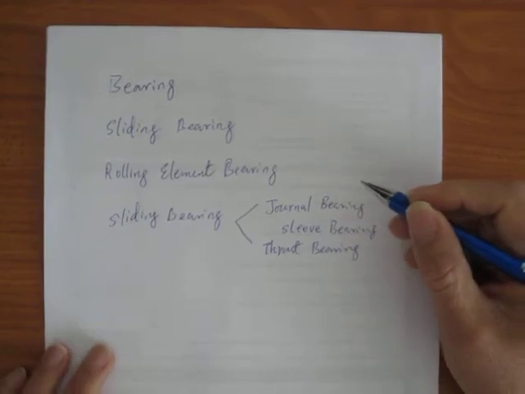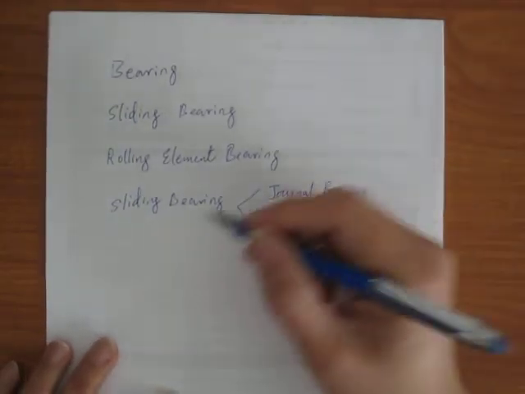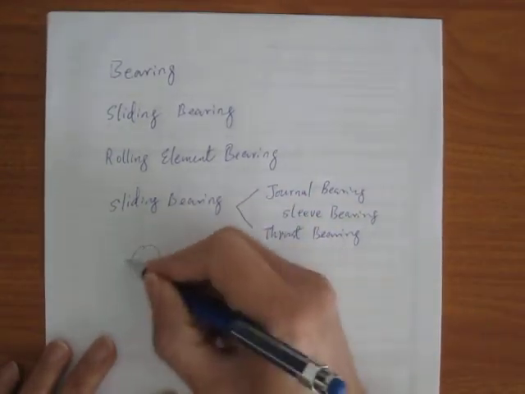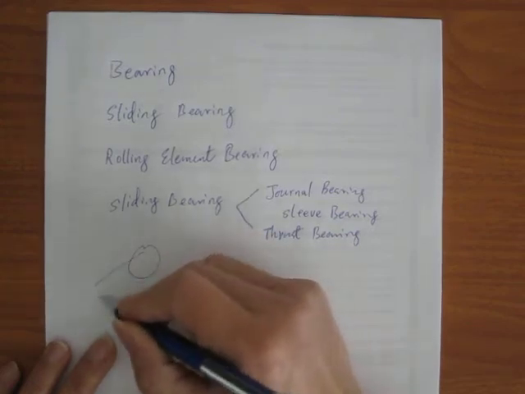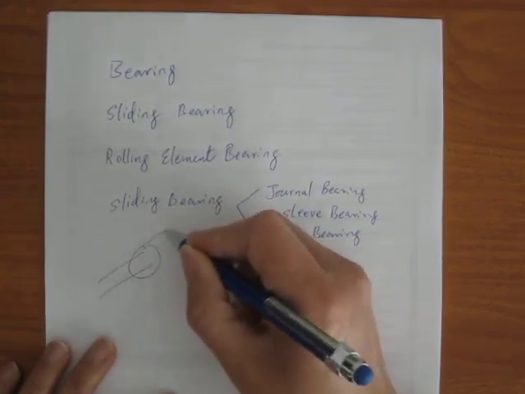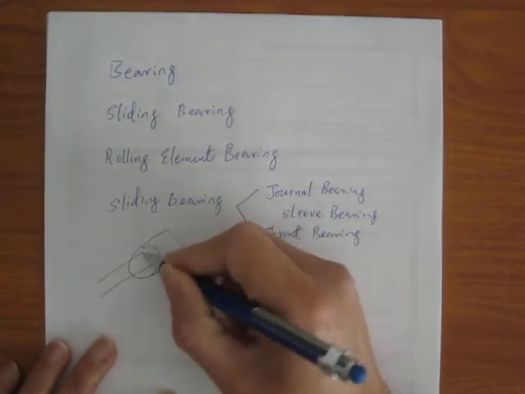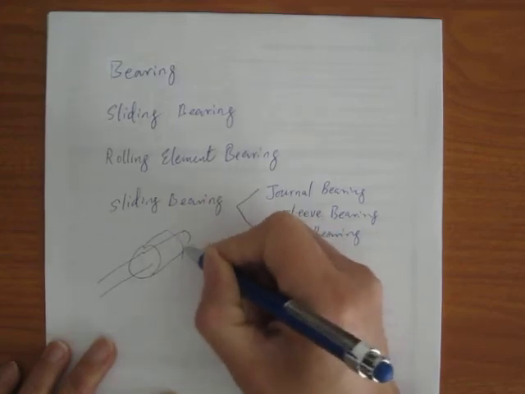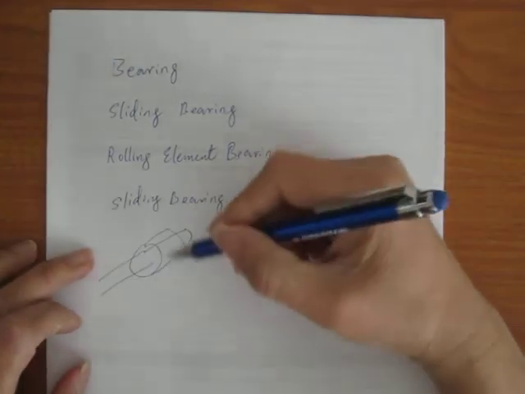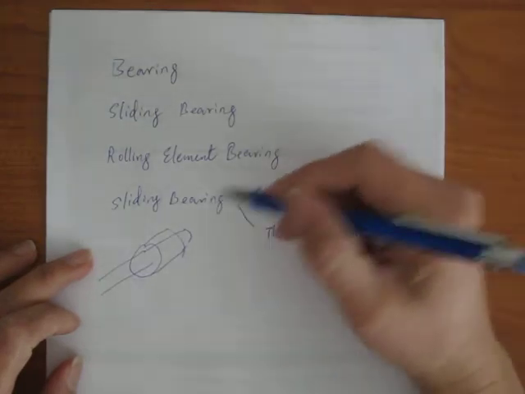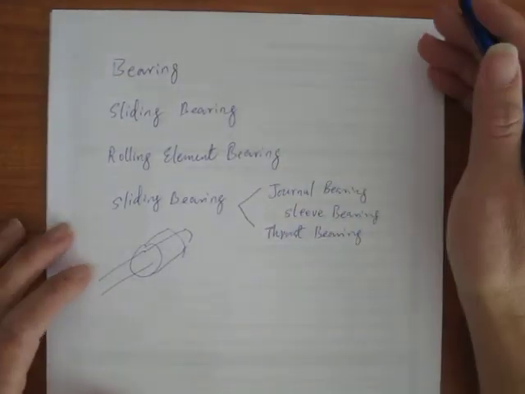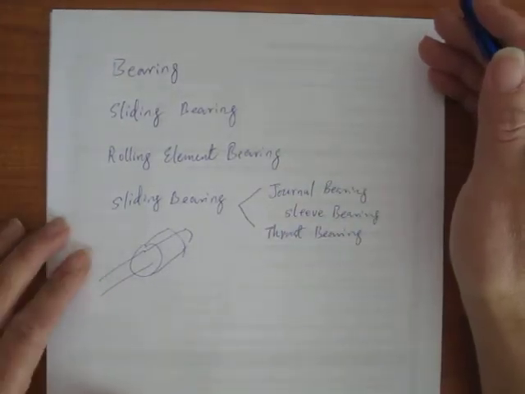Now, a journal bearing or sleeve bearing is actually just a hole, and then you have a shaft that goes through, and the shaft rotates inside the hole. This is a sliding bearing or journal bearing.